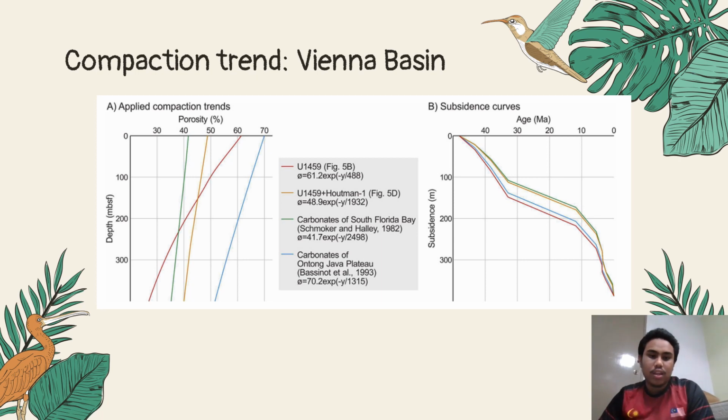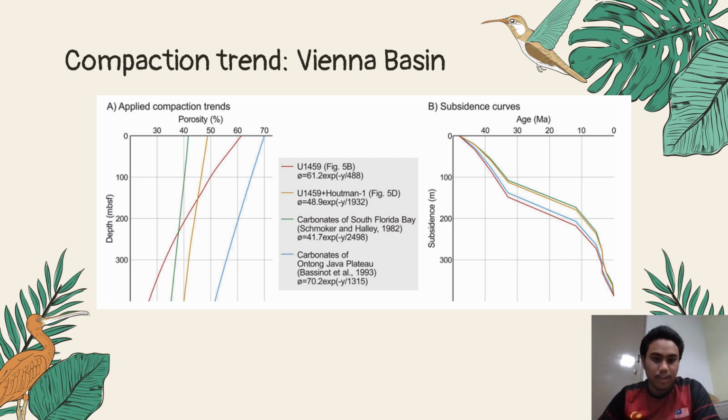Also, the compaction trend can be determined by the type of rock. As you can see, the red line is U1459, and this is the comparison trend.